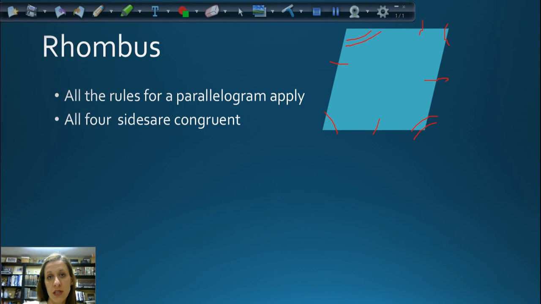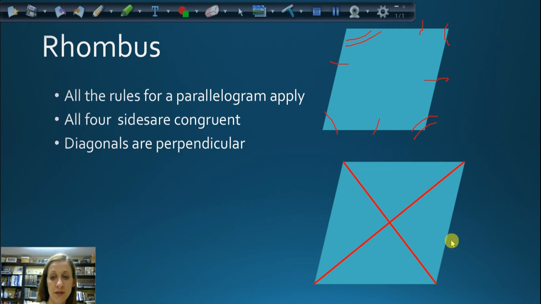And then the other thing you need to know about the rhombus is a couple rules about the diagonals. So here are our diagonals drawn into the rhombus. So the diagonals are perpendicular. And you can kind of tell when they intersect right here at this point, it looks kind of like you actually do have four right angles, and that is true. Each one of these angles is 90 degrees.